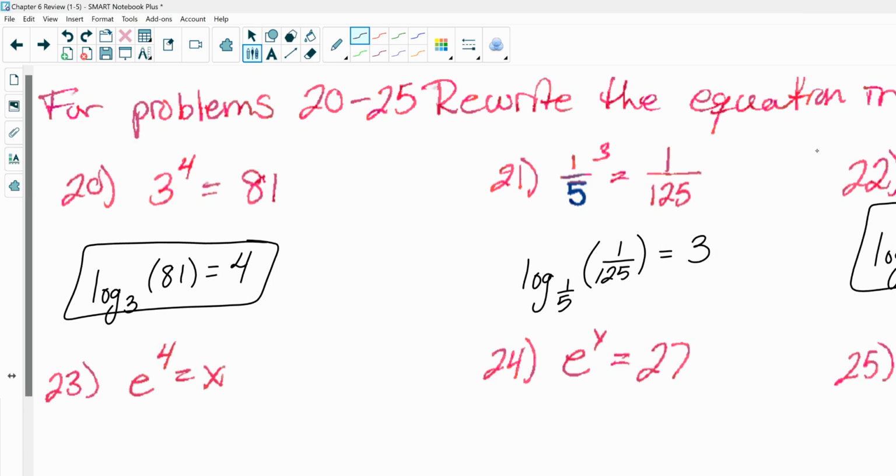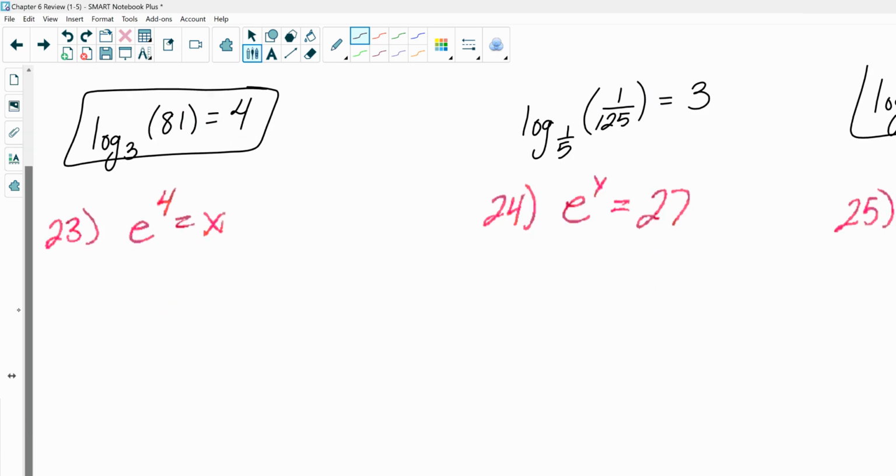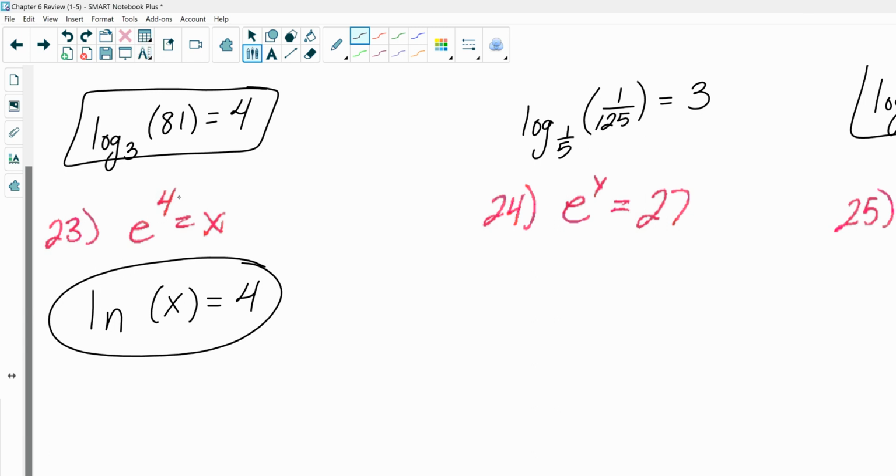How about 23? What would it be? ln of x equals 4. We don't have to write the e because it's understood. The base is indeed e, but with natural logs, it's always e. There's never going to be any time it's not. So we just have this here. 24.